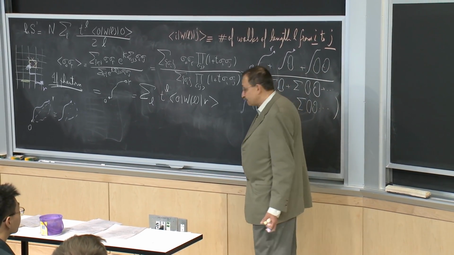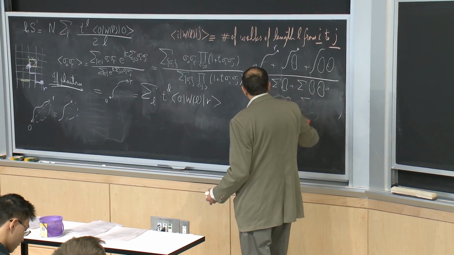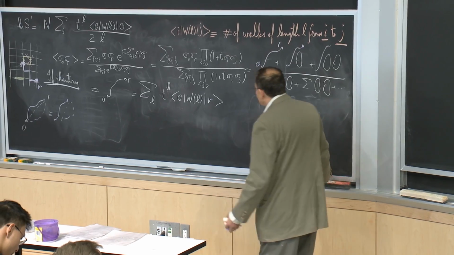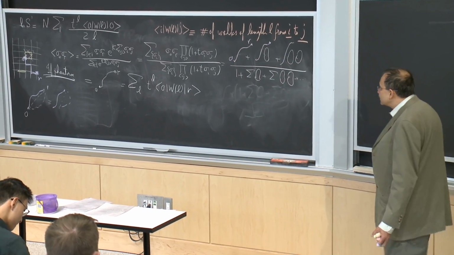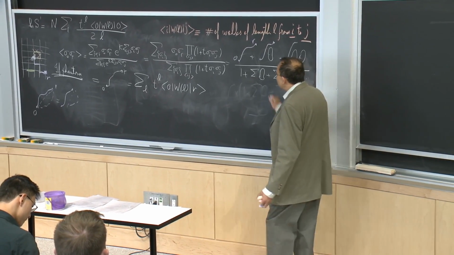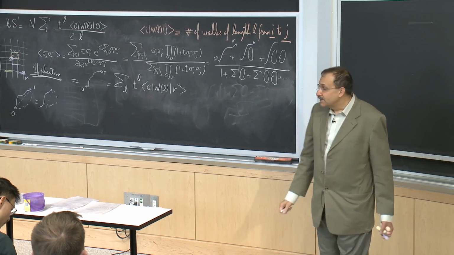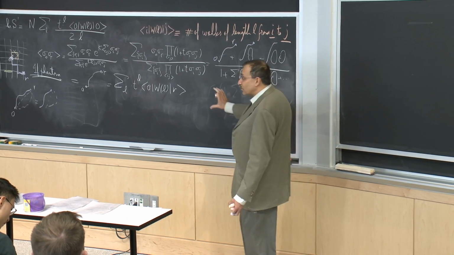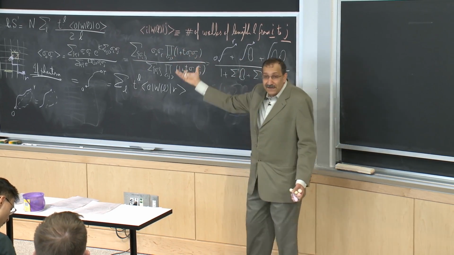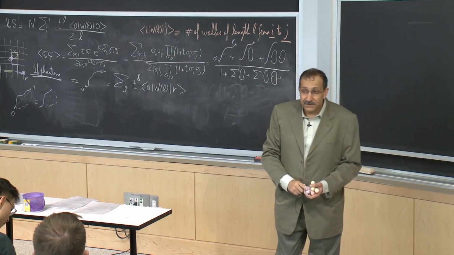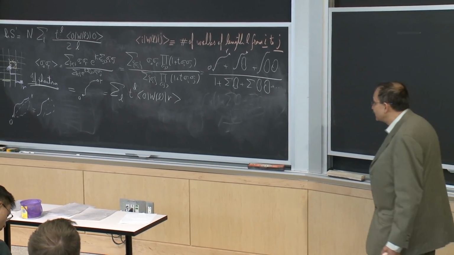OK? All right. So we see that if I have this quantity that I have written in red, then I can calculate both correlation functions as well as the free energy, log of the partition function, within this phantomness assumption.